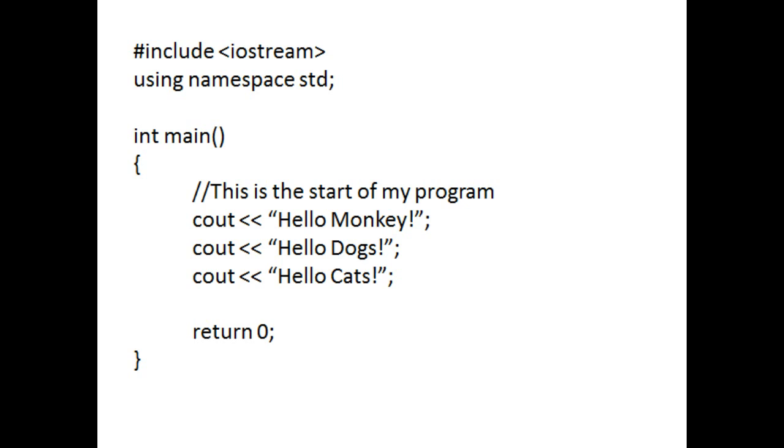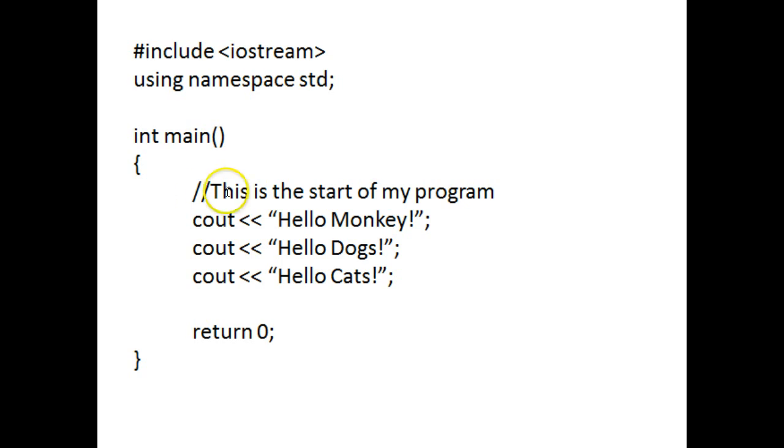So here we see on this line we have a comment, and the comment is "this is the start of my program." Now whenever the compiler sees these two forward slashes, it will disregard, it will ignore the rest of that line. So it's basically some textual information to help you as a human when you're reading your program.